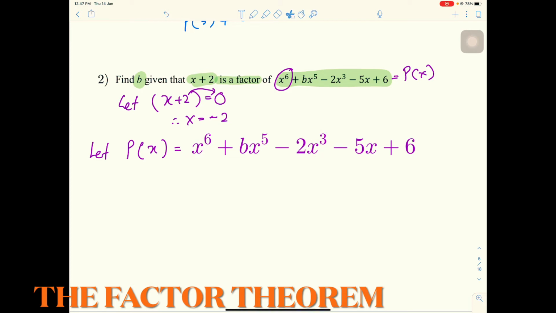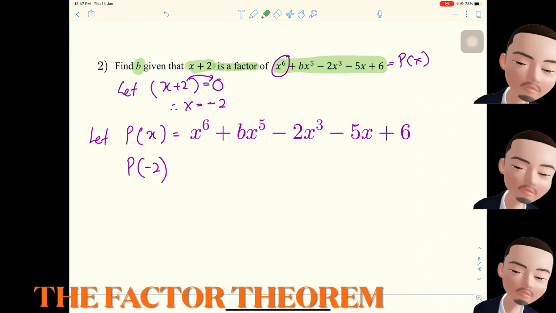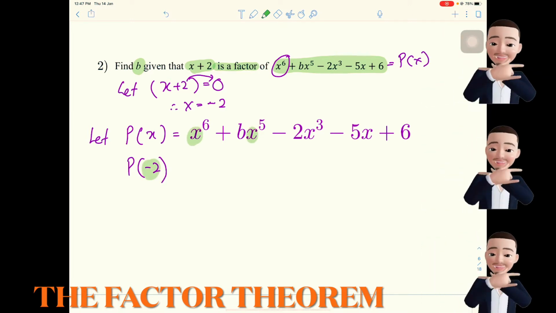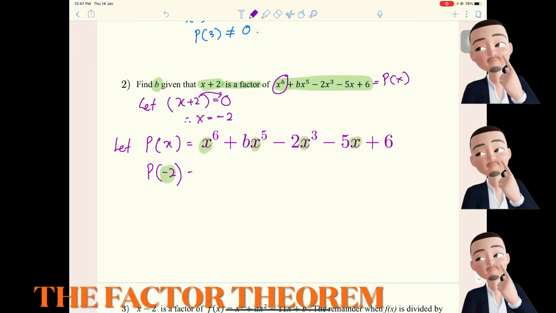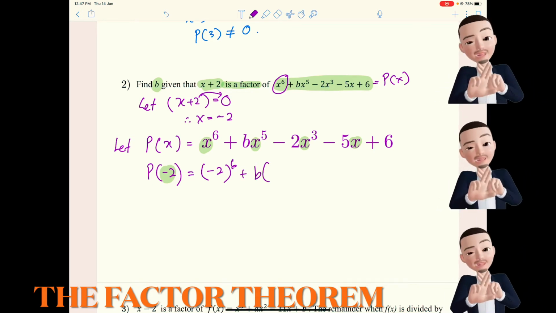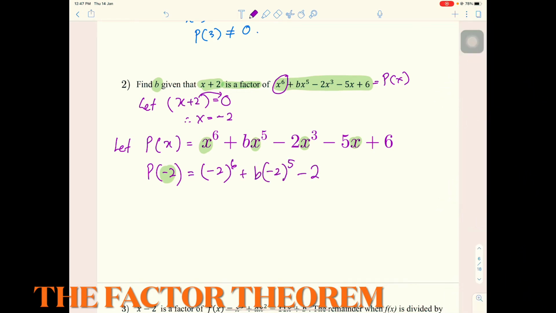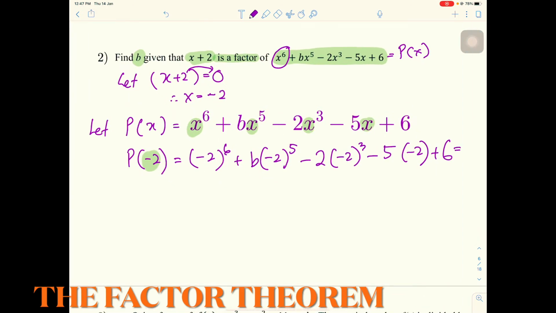If we put x equals negative 2, we substitute negative 2 into x. So it equals negative 2 to the power of 6 plus b times negative 2 to the power of 5 minus 2 times negative 2 to the power of 3 minus 5 times negative 2 plus 6. Because x plus 2 is a factor, it equals 0.